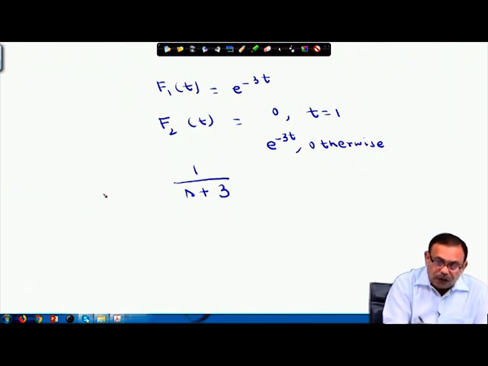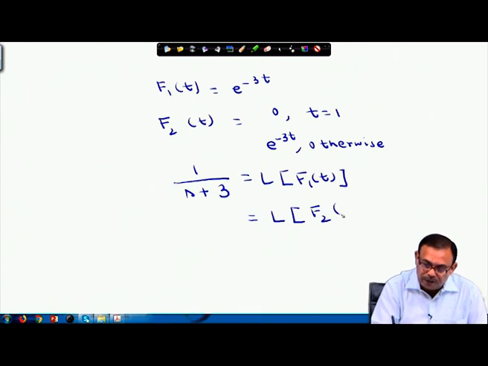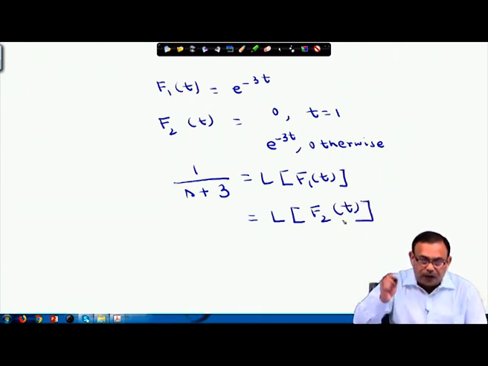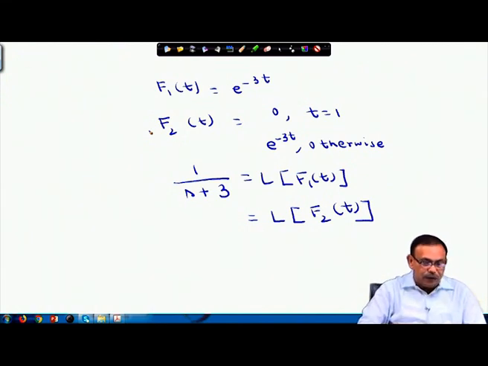That is, this is equal to 1 by s plus 3, the Laplace transform of f1(t), and this is also the Laplace transform of f2(t).